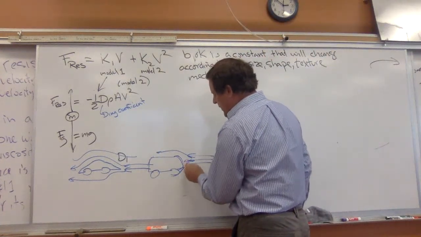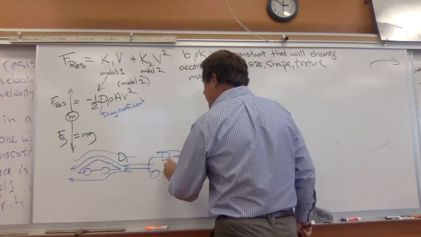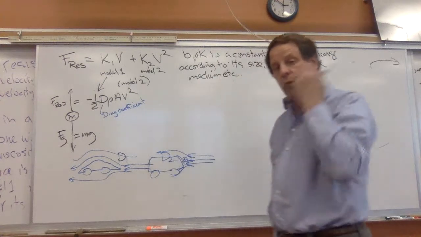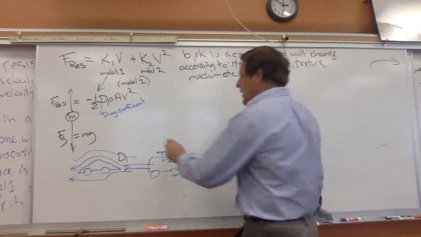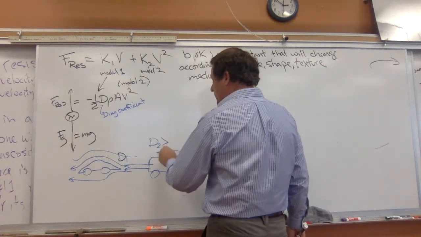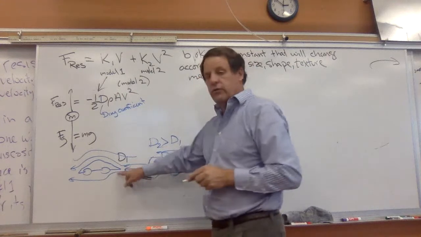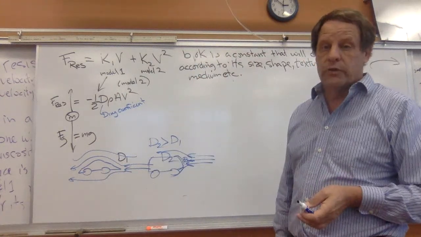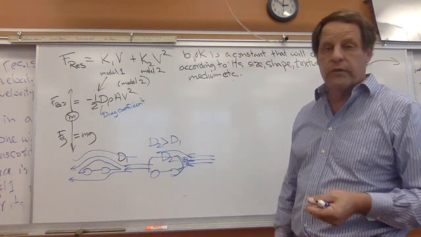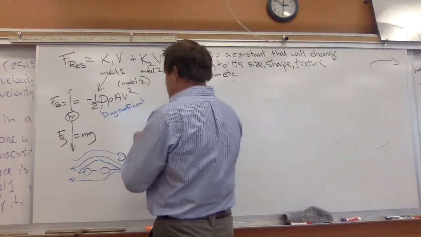It is still going to go around it, but we're going to end up with a lot of turbulence here. Let's call this D2. So the drag coefficient of the VW bus is going to be greater than the drag coefficient of this streamlined sports car. So the drag coefficient also has to do with the texture of it.